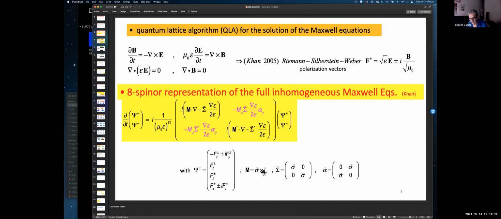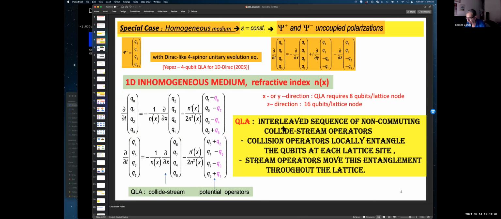The M matrix is the Pauli spin matrix tensor product the identity. And one can see that if you have a homogeneous system, then the dielectric constant is a constant, and then the off-diagonal terms are 0, and then psi plus, psi minus uncouple. And then you've got basically the two polarizations.